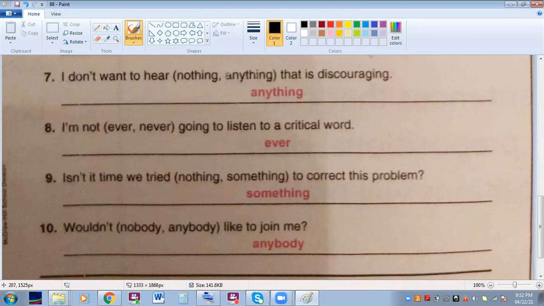Isn't is a negative word, is not. Our answer must be a positive word, something. Wouldn't anybody like to join me? Wouldn't, would not is a negative word. So our answer must be a positive word, anybody. Wouldn't anybody like to join me?